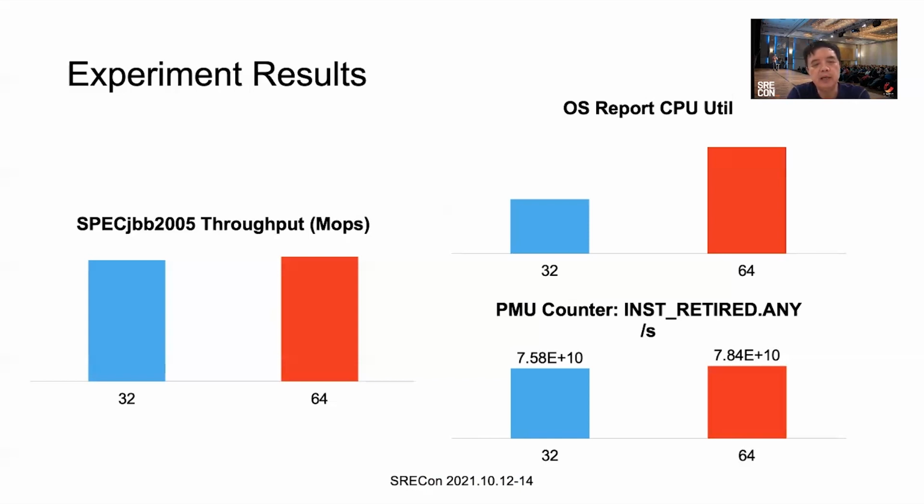But you need to pay attention to the figure on the left: the total amount of work done between the configuration in the blue and the configuration in the red, the total throughput is about the same. When you look at the top right corner, the CPU utilization of running at 64 logical CPUs is 100%.